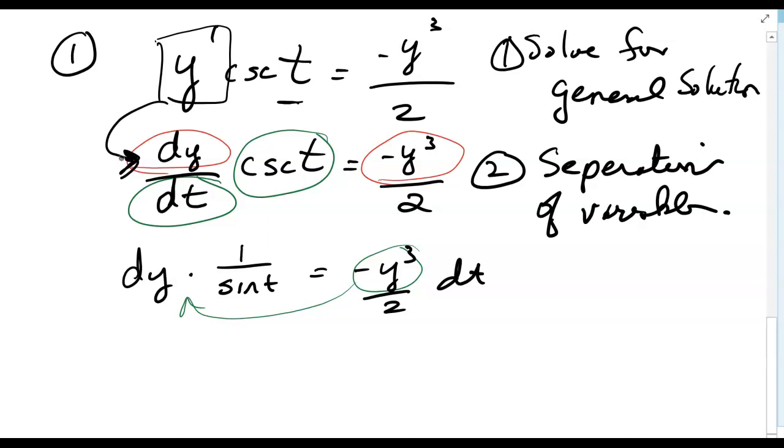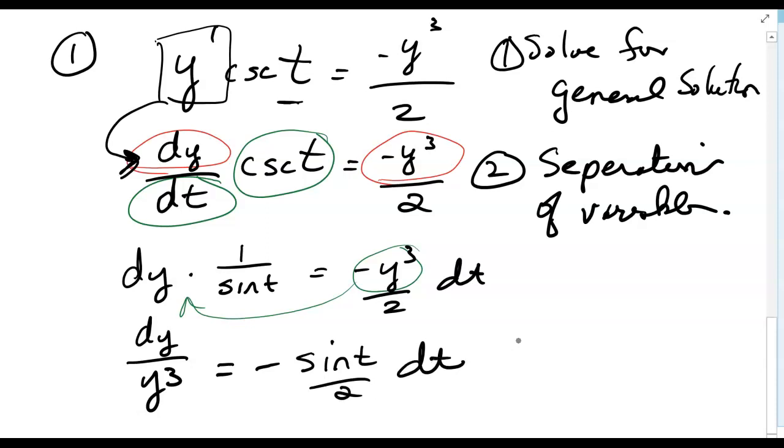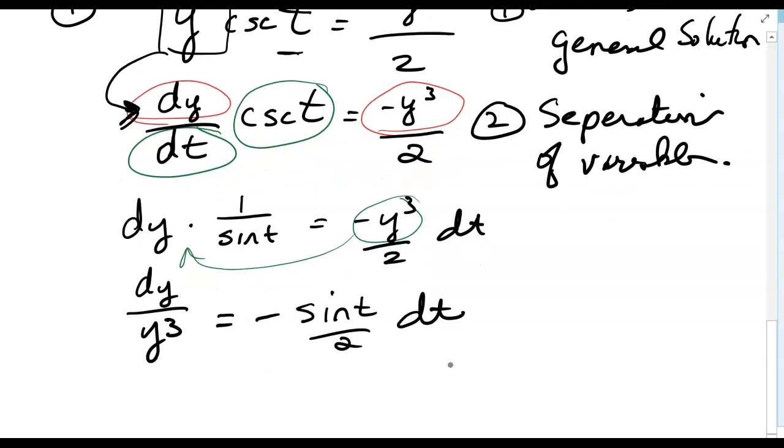So what am I left with? I have dy over y cubed equals, I'll leave the negative over here, it doesn't matter, sine t over 2 dt. So the left-hand side all has y's, and the right-hand side all has t's.